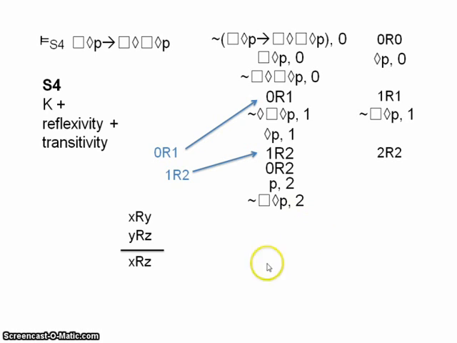Now we have to use this not necessarily to open up yet another world, world 3. So 1 accesses 2 and 2 accesses 3. This means 1 accesses 3. Also 0 accesses 2 and 0 accesses 3.